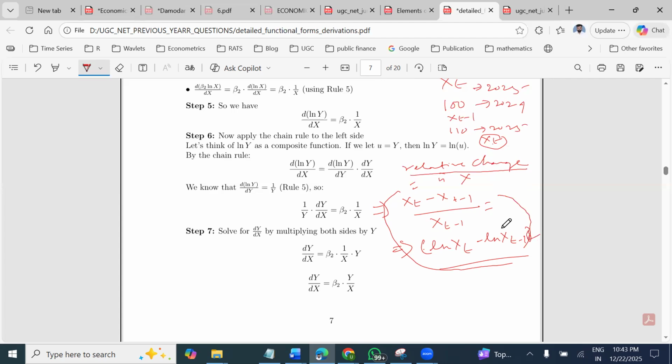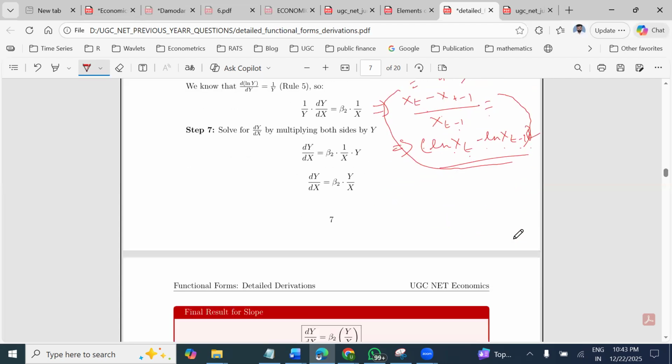I have written (xt minus xt minus 1) upon xt minus 1 is equal to ln xt minus ln xt minus 1. Now I am asking how this is equal to this. Let's say this is LHS and this is RHS.